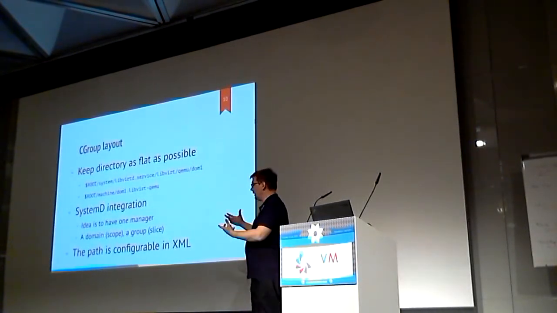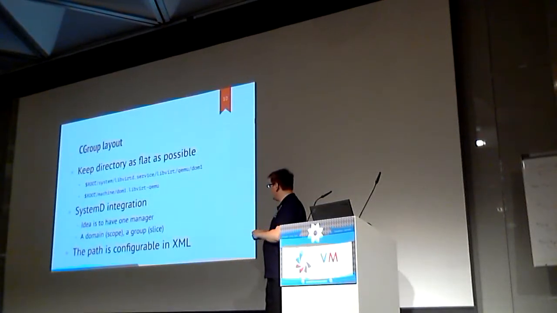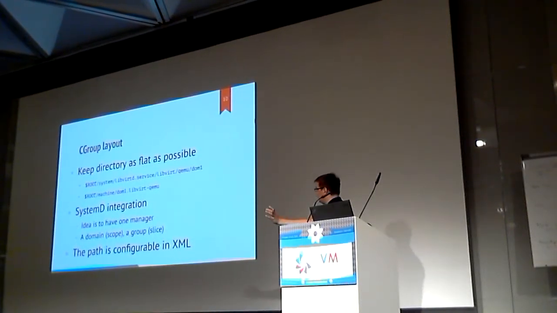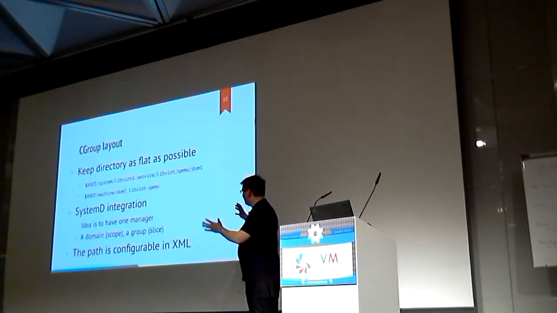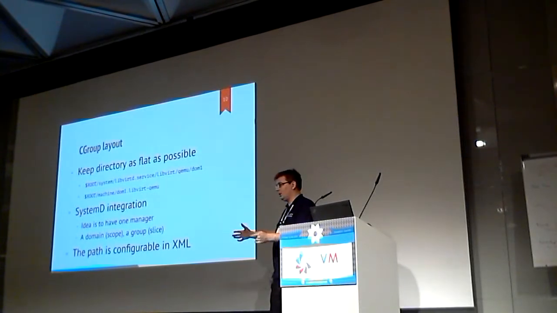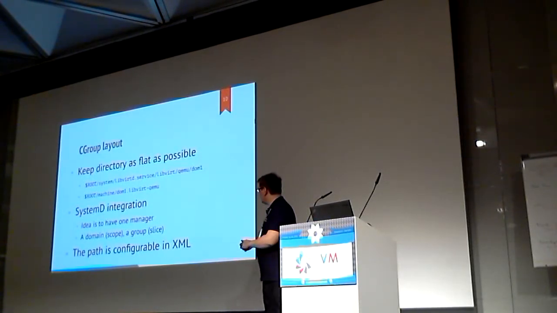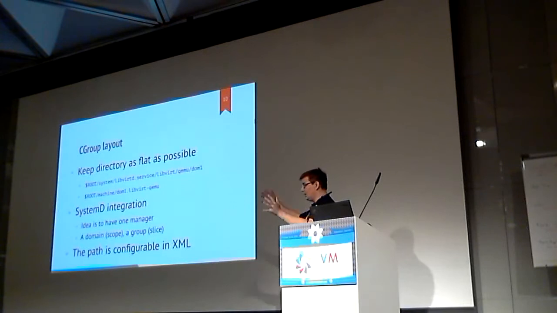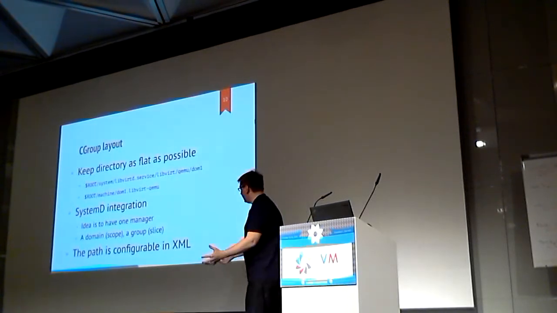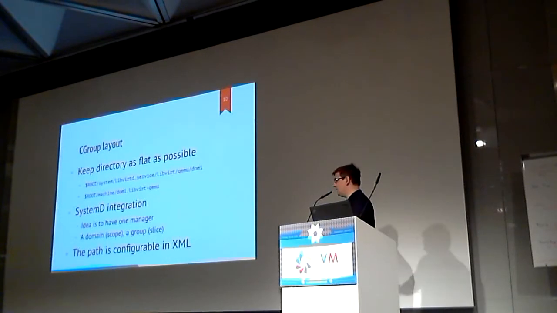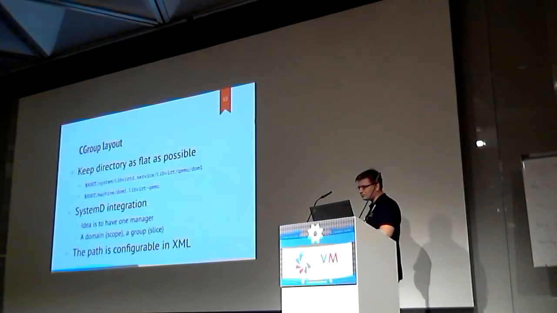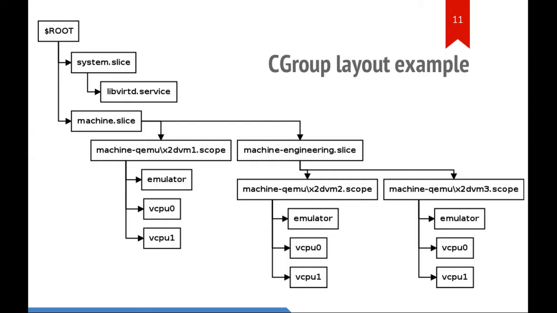And this is something which was introduced there as well. So in the systemd world, a single domain is referred to as a scope, whereas a group of machines is referred to as a slice. So you can limit the whole group of virtual machines, and the group membership is then again configured in the domain XML.